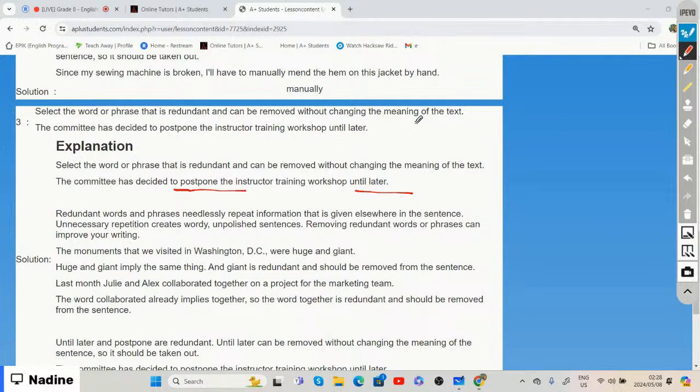And just once again, redundant words are words that are unnecessarily repeated within a sentence, and those create the sentence to be wordy or lengthy. It's like the words being written within your writing piece are just very long.